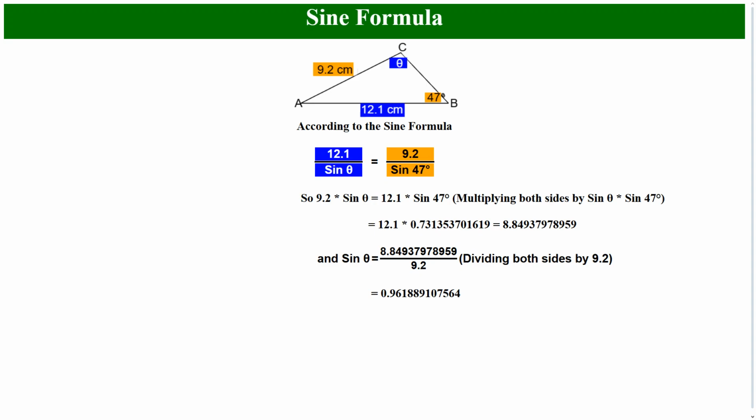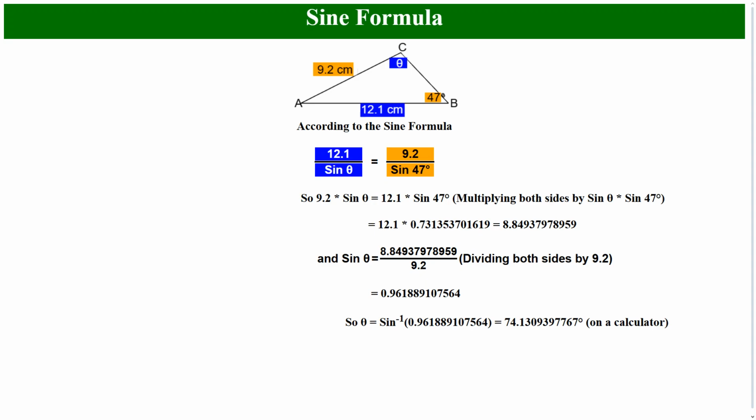And doing that division on a calculator, we get 0.961889, etc. And you remember here, again, to find the angle theta, we have the 0.961889 on a calculator, and we press the sine to the -1 key, or it could be arc sine key on your calculator. But when we do it, we should find that theta is 74.13, etc. degrees.